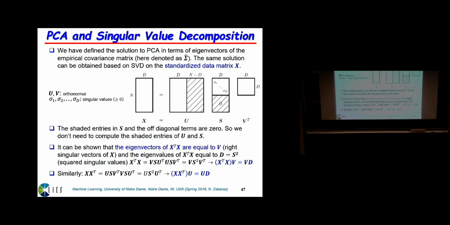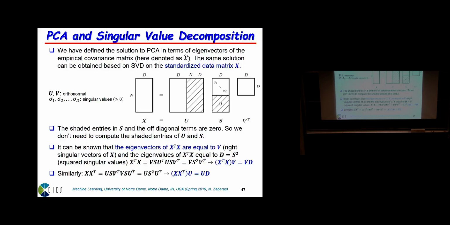The dimensionality of these matrices is, X is N times D, U is N times N, S is N times D, and V is D times D, okay?